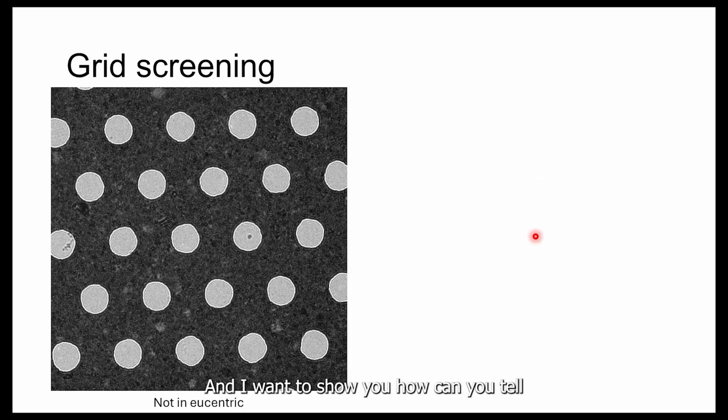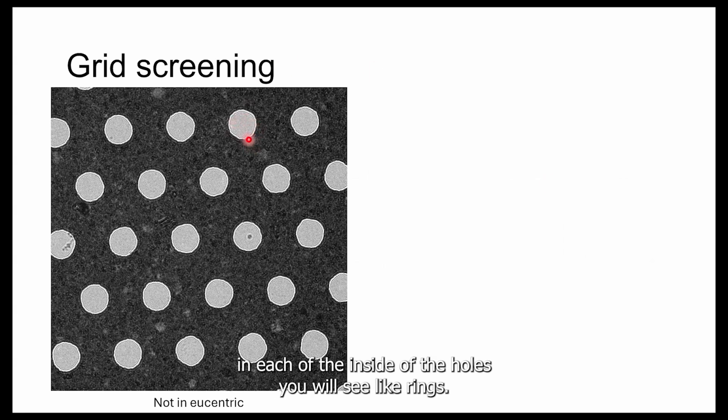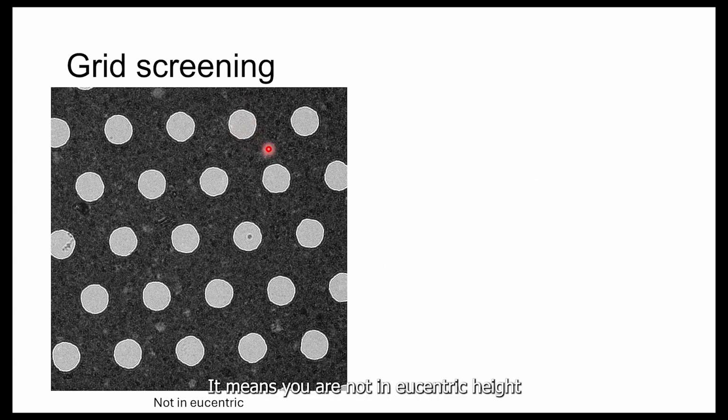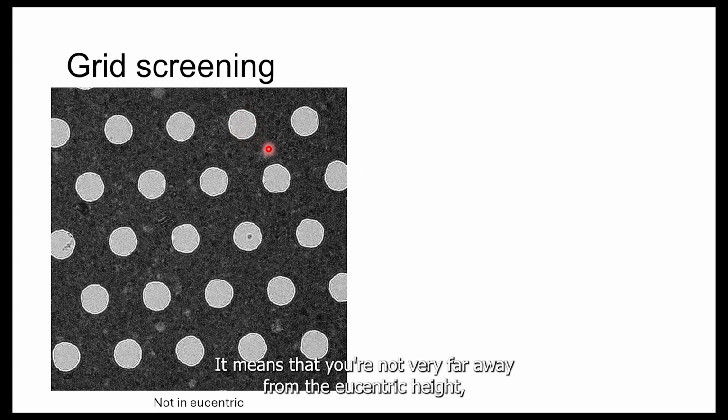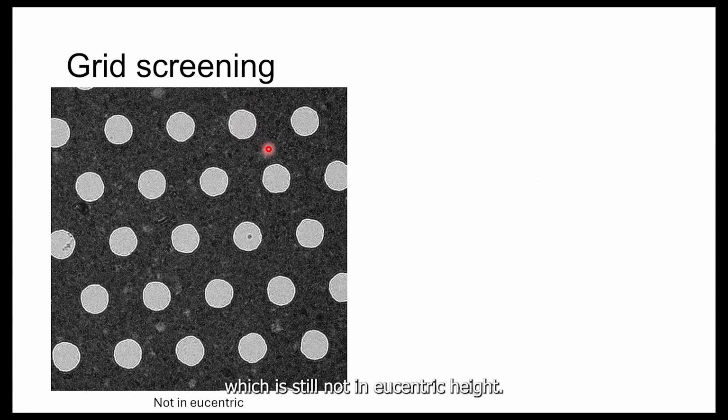And I want to show you how you can tell very fast if you're in eucentric height or not. In this image, it looks fine. You see holes, they look nice. But if you look closely, you can see inside each of the holes there are rings. This means you're not in eucentric height. It means you're not very far away from eucentric height, but you're still not in eucentric height.